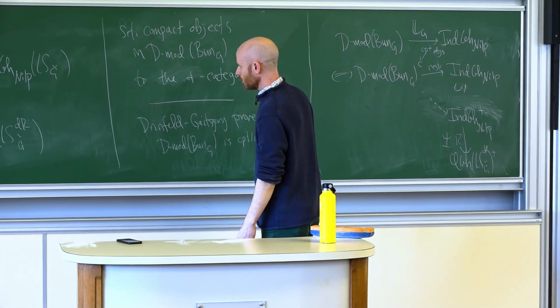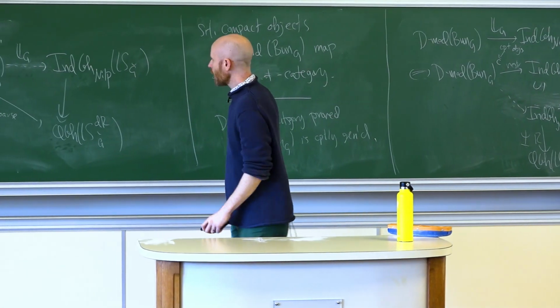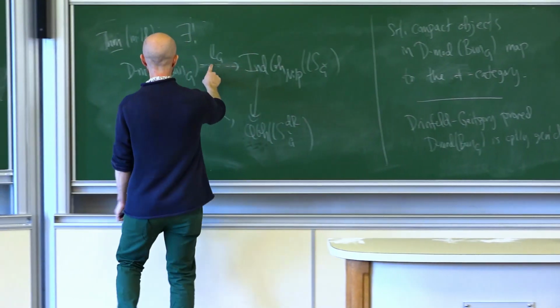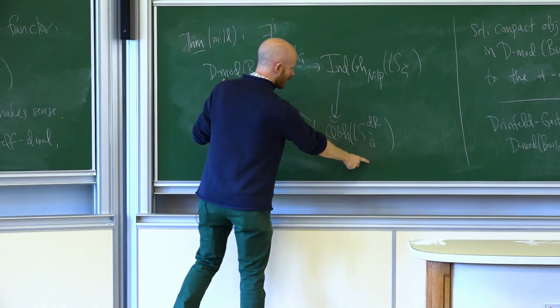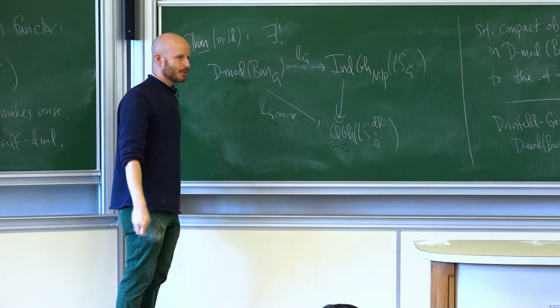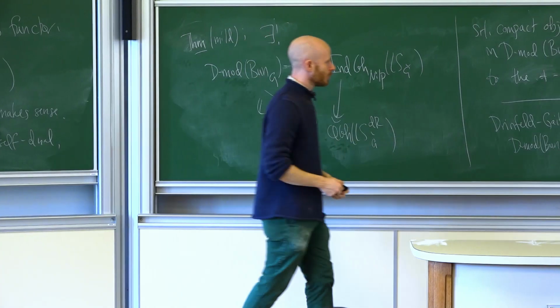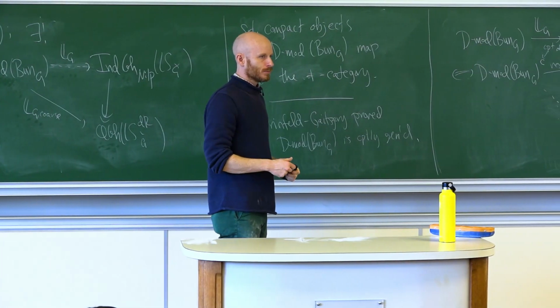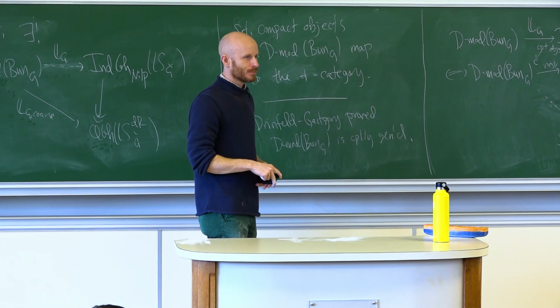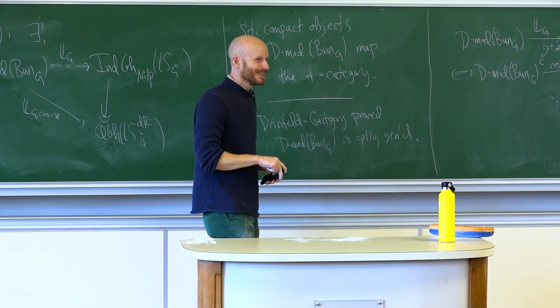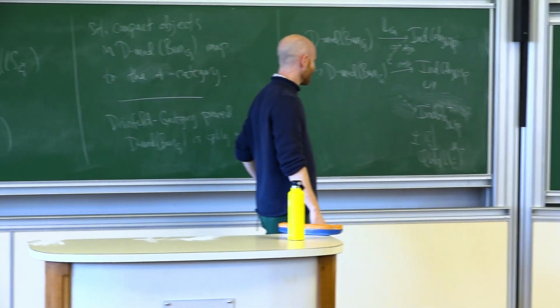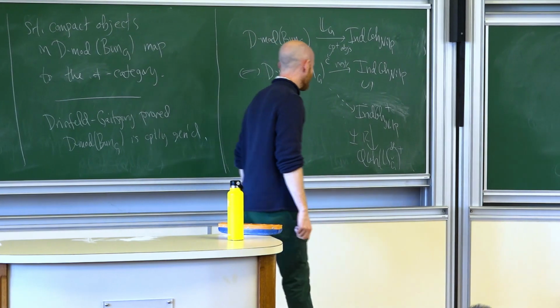Yeah, and I guess the content of the existence statement is that compact objects here map into the plus category down here. And isn't it also exactly the opposite of what... oh no, it's the same as what people usually mean by D plus. Okay, all right.